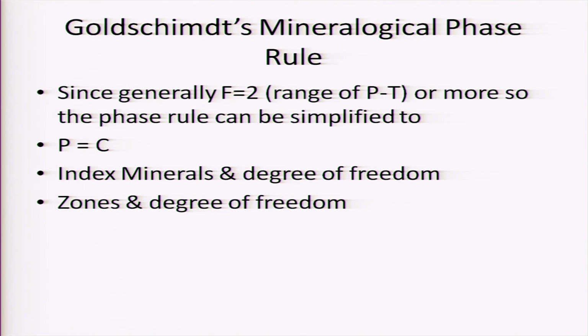If we look at metapelites, each zone in this way, which is marked by the appearance of an index mineral, is representing 2 degrees of freedom, because once an index mineral has appeared at a particular pressure and temperature, it will continue until the next index mineral appears in a metamorphic sequence, and the next index mineral will appear at another pressure and temperature.